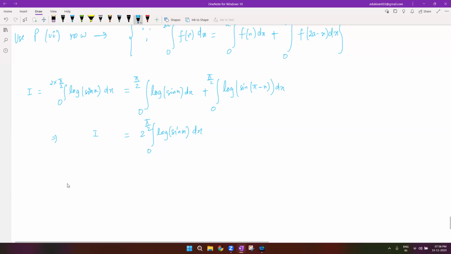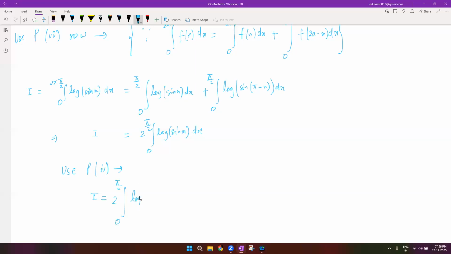So this is a question which is very important because this includes these properties again and again. You have to simplify the expression further. So change this to the integral from 0 to pi by 2.